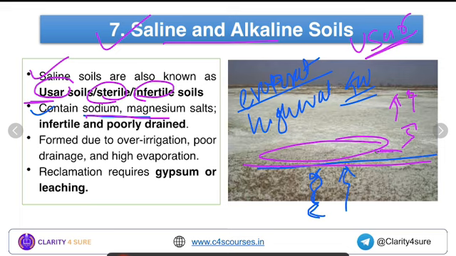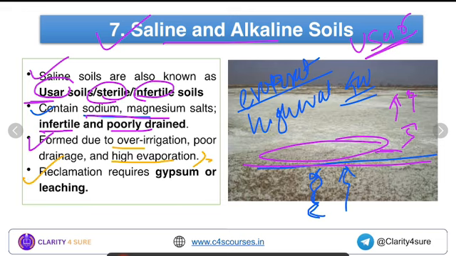Okay, and it makes them infertile, and they are poorly drained. Again, there are other reasons why this soil forms: over irrigation, poor drainage, high evaporation, and a high groundwater table level. All these reasons create this kind of situation.